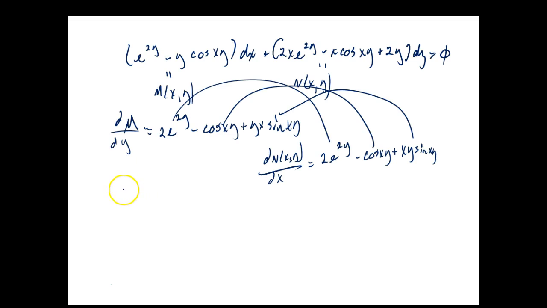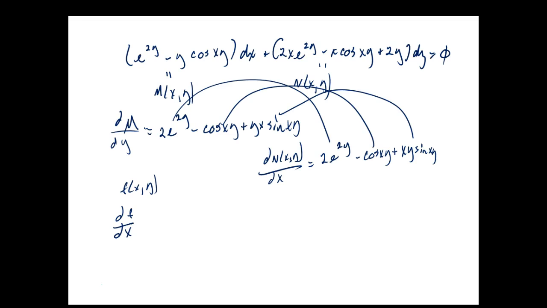Probably not a bad time to say, let's assume that there is an f such that, that's what we're looking for, the f of xy, so that the partial of f with respect to x has got to equal that M.